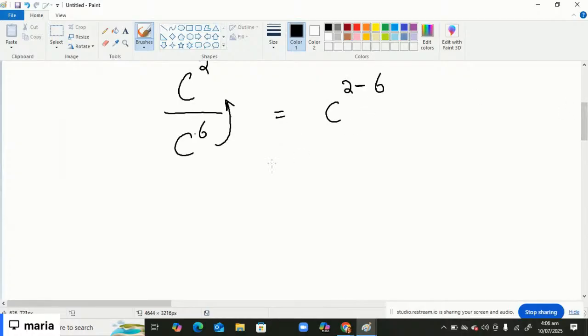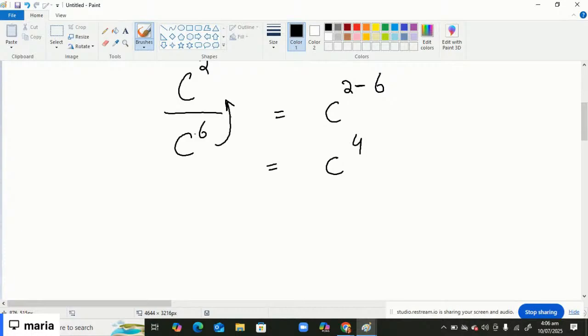Now what is the answer for that? C power 2 minus 6. What is the answer? Subtract it and then tell me. 2 minus 6 is 4, because it's a subtraction. So this is 4, and which sign do you put with it?